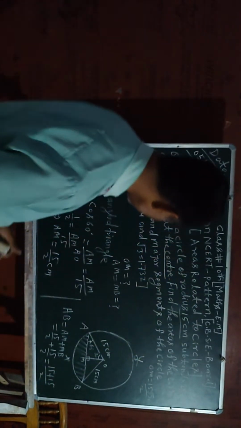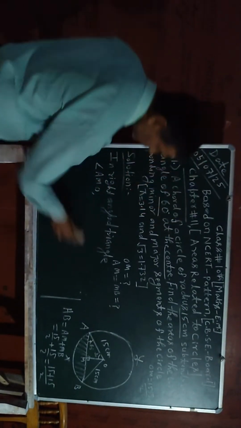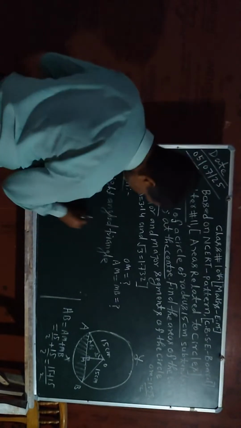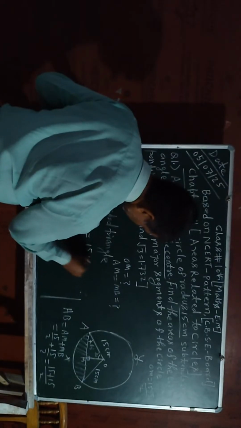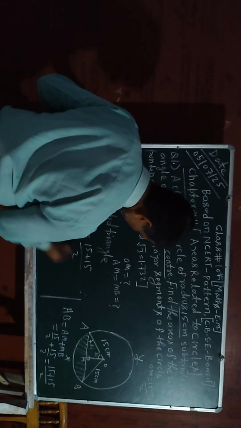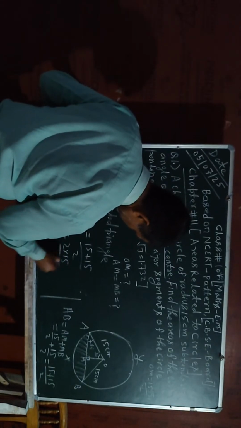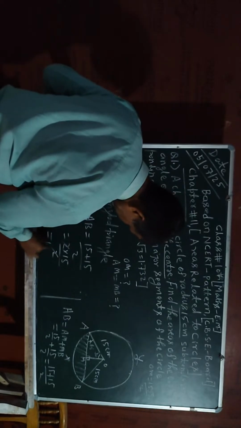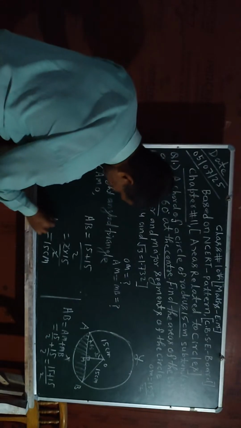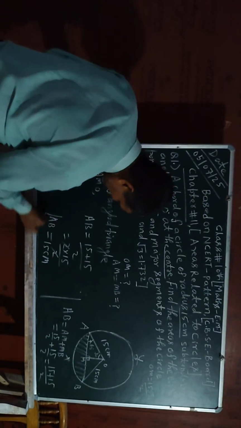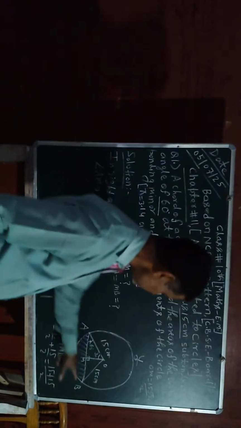So AB is equal to 2 times 15 divided by 2. The 2 will cancel out, so AB is 15 centimeter. The length of AB I have calculated here.